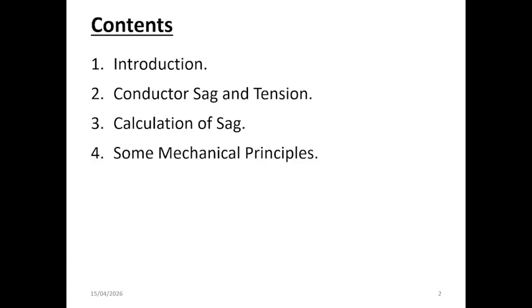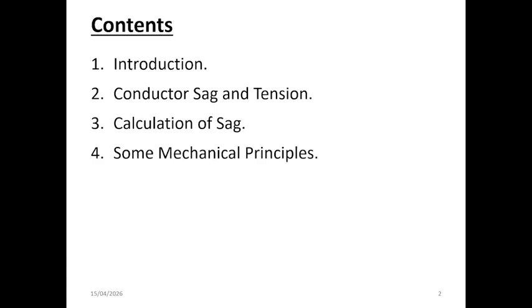So this slide outlines the main topics covered in this section of the course on the mechanical design of overhead lines. It provides a clear roadmap of what you will learn, starting with an introduction that explains the importance of mechanical considerations in transmission systems.